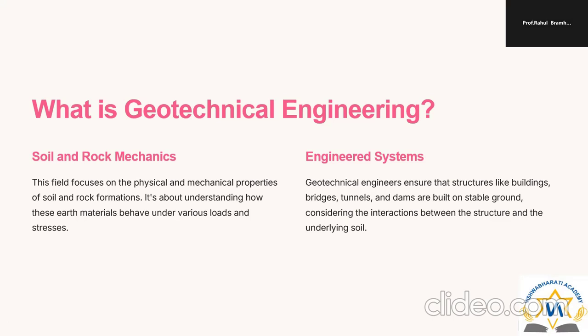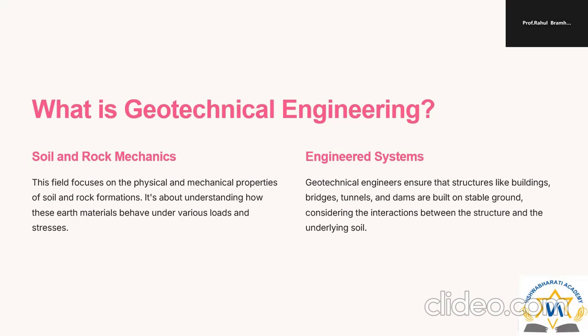It's about understanding how these earth materials behave under various loads and stresses, and all the things about soil, their physical and mechanical properties, are involved in geotechnical engineering. But what is the main work of an engineer in geotechnical engineering?